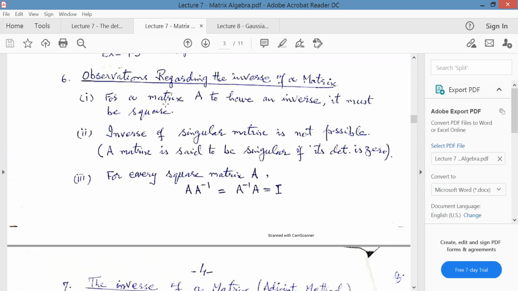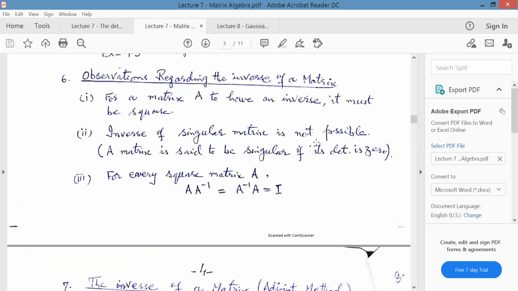You know, a matrix may be a rectangular matrix, it may have any number of rows or any number of columns, but inverse is only possible for the square matrix where the rows and columns are equal. Second, even if it is equal, but if the matrix is a singular matrix, then its inverse will again not be possible. When do we say the matrix is singular?